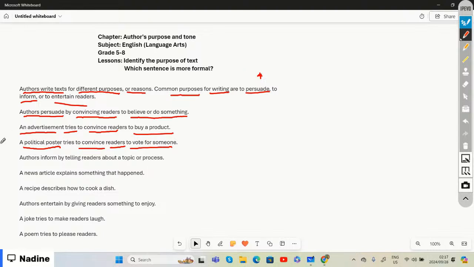Then also authors, right? Remember we first said that they persuade, but now they also inform. So authors inform by telling readers about topics or processes.